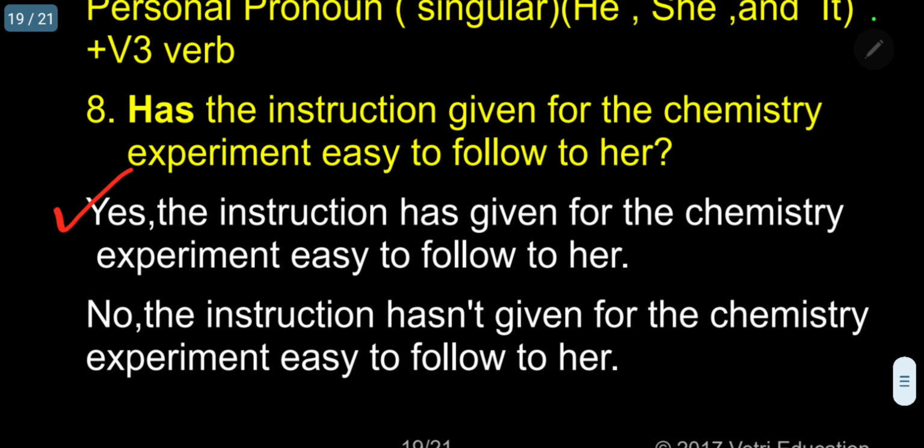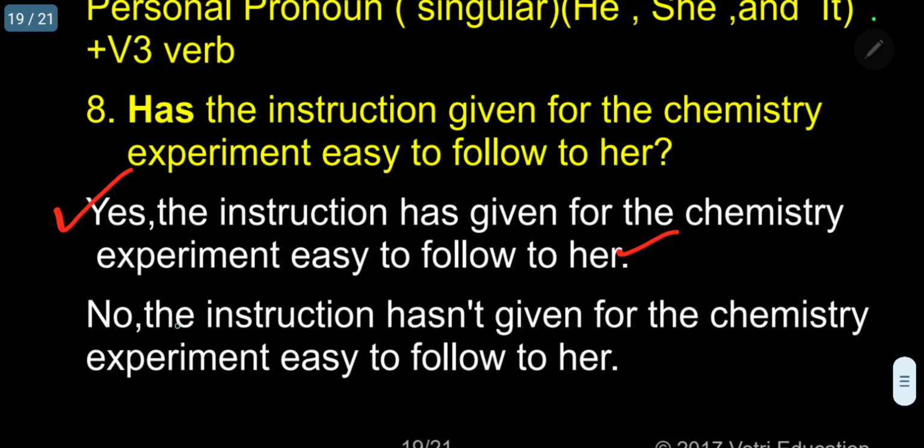Or the other way also I can use. That means the entire sentence you can say, yes, the instruction given for the chemistry experiment has been easy to follow for her. I can also use another way.